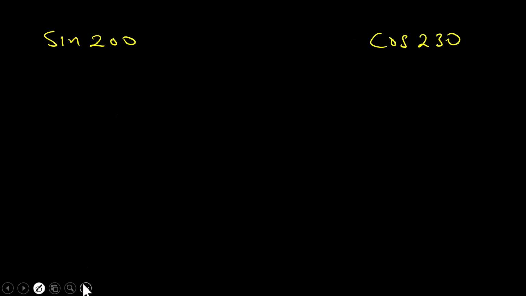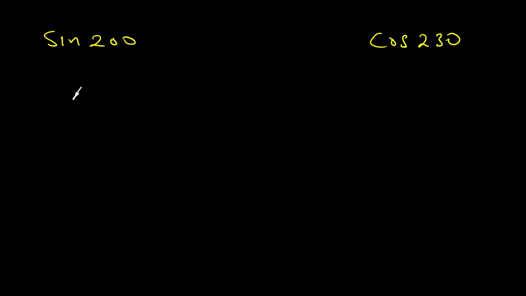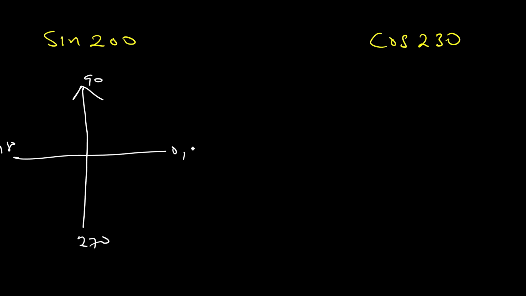Go ahead and try the following. We have sine 200. So 0, 90, 180, 270, then 360. Where do we locate 200?